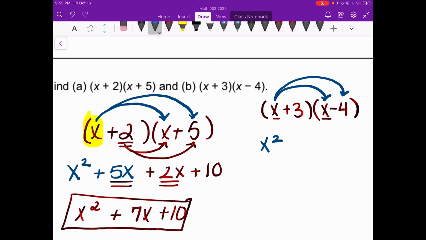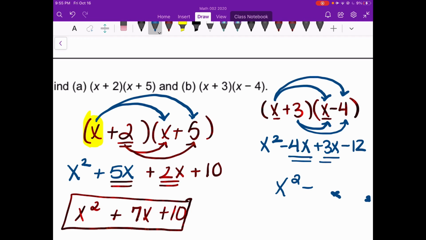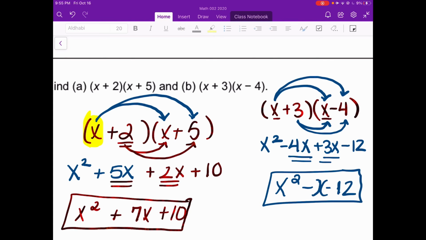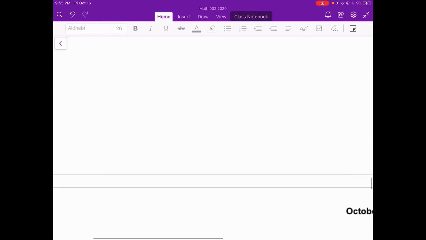X times -4 is -4x. 3 times x is 3x. 3 times -4 is -12. The like terms in the middle add up to -1x. You don't have to write the 1. You're going to need to do it a couple times to get used to it, and that is A-OK.